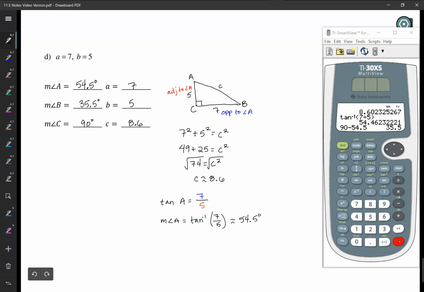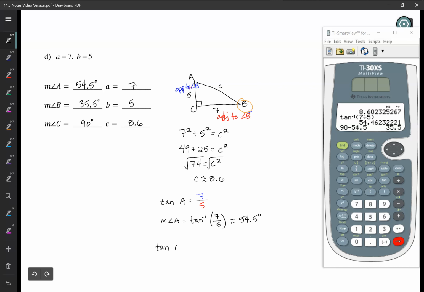Or you could also switch the angle you're looking at, which also switches the opposite and adjacent. If you're focusing on B, I can't spell adjacent apparently, but if you're focusing on angle B, you still have tangent here, but now 5 is opposite and 7 is adjacent.